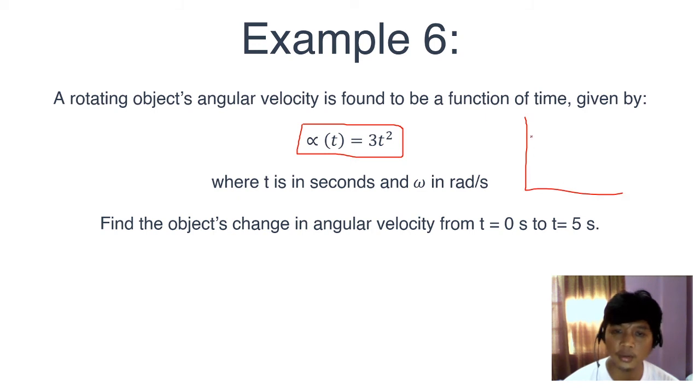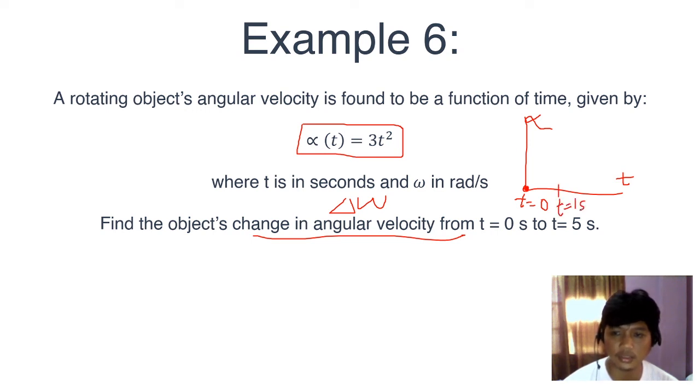So we want to know the change in angular velocity, delta omega. Let's graph this a little bit. At t equals 0, our angular acceleration is also 0. So this angular acceleration is not constant. It's a very complicated motion.